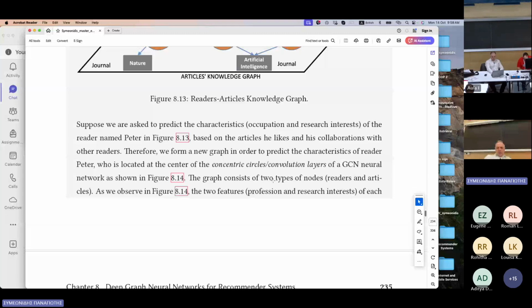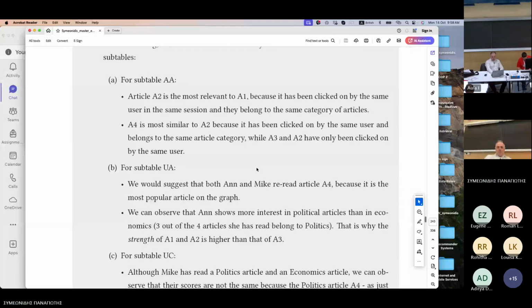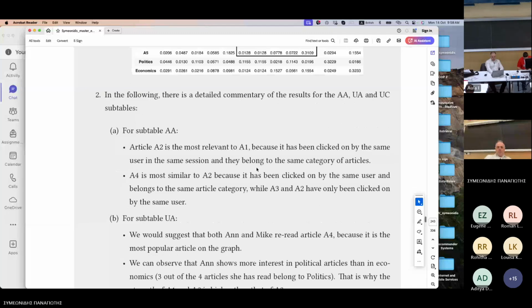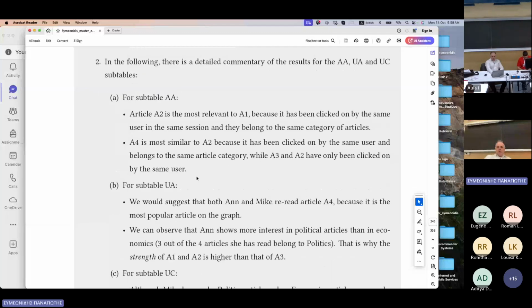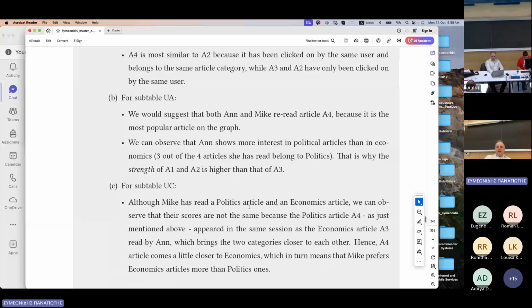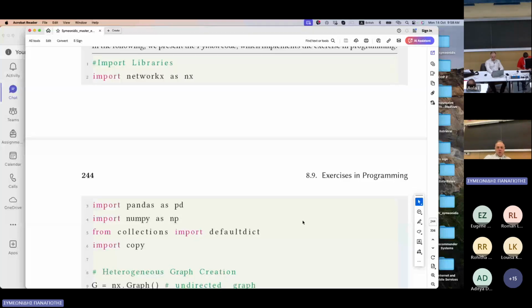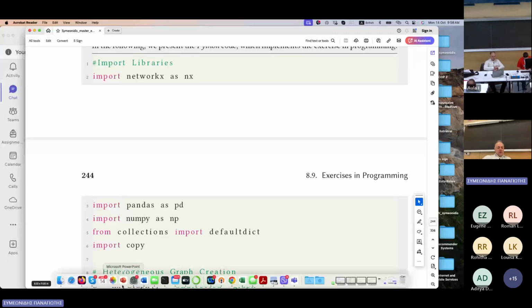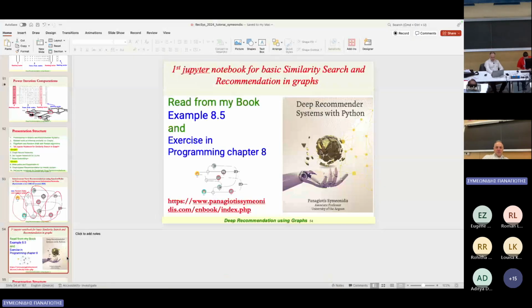For example, although Mike has read a politics article and an economics article, we can observe that their scores are not the same because the politics article appeared in the same session as the economics article. So there is some discussion about the findings of this algorithm that we just presented. Okay, so this was the first part, and now we continue with graph neural nets.